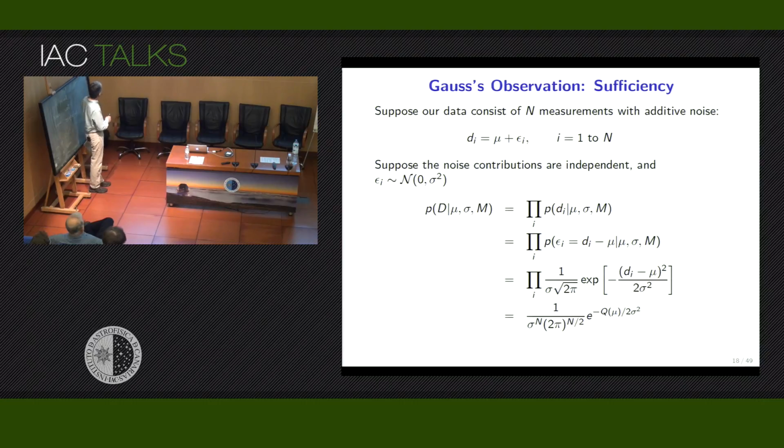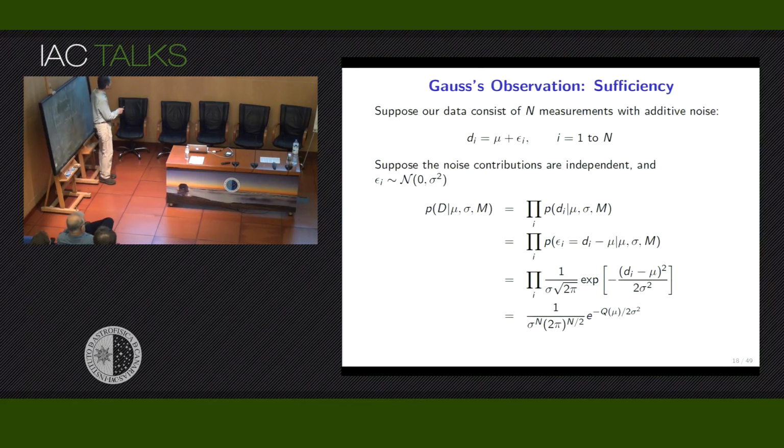So the probability for the whole set of n data samples is the product of n independent probabilities. The probability for the value that we see for a particular datum is just the probability that the noise makes up the difference, that epsilon is equal to d minus mu. By assumption, our probability distribution for epsilon is a zero mean normal, so we just have a product of lots of normal distributions.